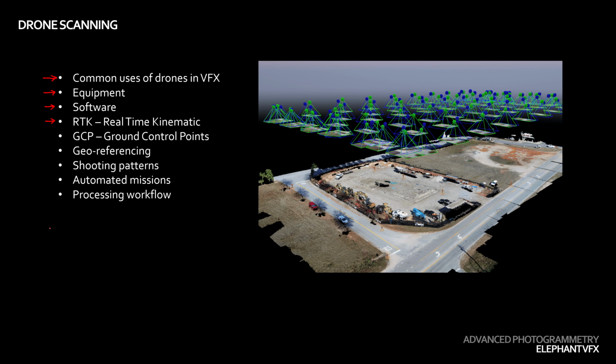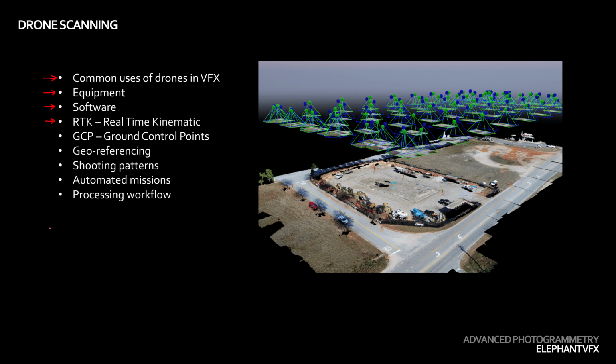Another important topic here is RTK, or real-time kinematics. If you've never used a drone for mapping or scanning, this might be a new concept for you. I'm going to give you a brief introduction to RTK, or real-time kinematic, but we're not going to be using it in this course.